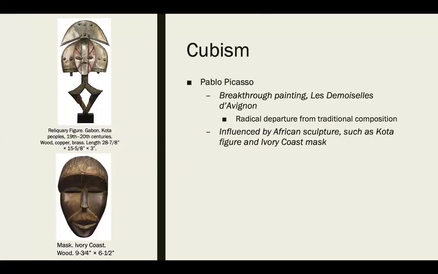I do want to point out though that Cubism is very heavily derived from traditional African artworks and sculptures and paintings that we see in classic African art. It's not a new thing. It was rediscovered, I guess, by Picasso and other artists, but it's not something they came up with on their own.